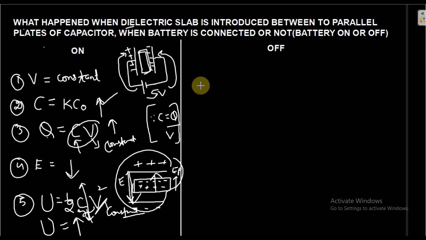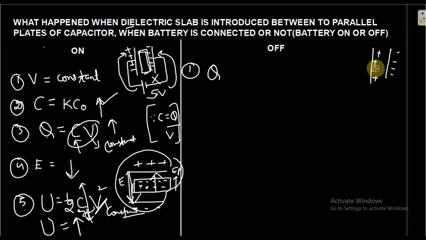Now in the second case, battery is not present. Once we charge the capacitor, the battery is disconnected. So now it is in the off condition. When there is no battery, how will the charge vary? First of all, we will discuss charge. Once you charge the capacitor plates with the battery, it will store the maximum charge.